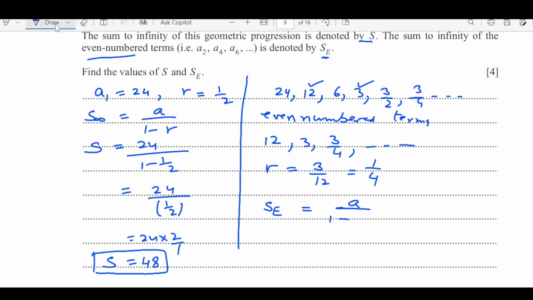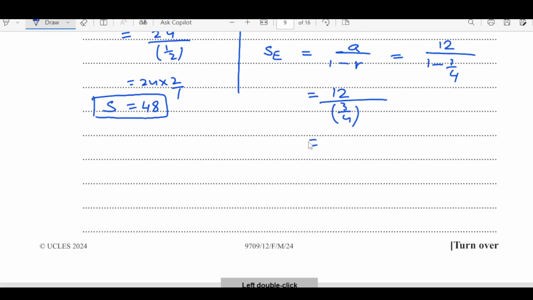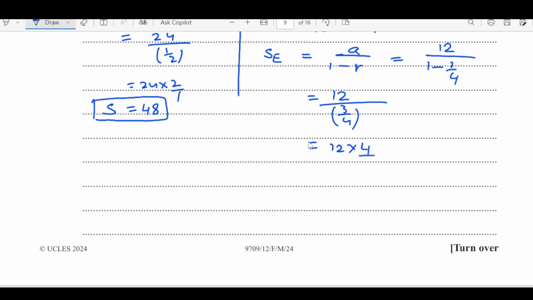So a is 12 now, over 1 minus 1 over 4, right. So this is going to be 12 over 3 over 4. So we can write it as 12 times 4 over 3, which is 4 times 4, that is 16. So SE, the sum of even terms, is 16. So this is our final answer, right.